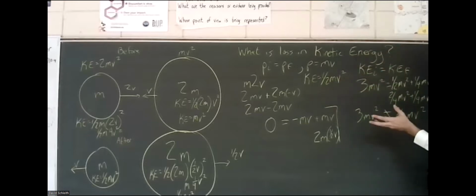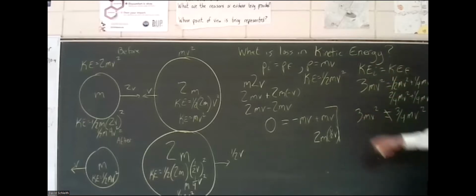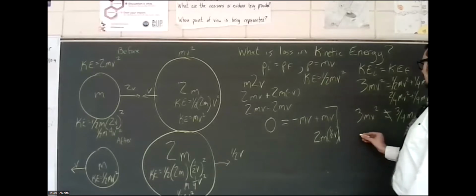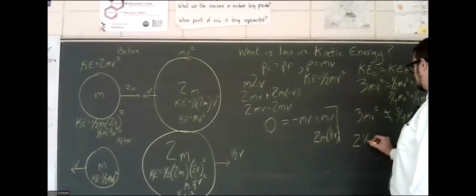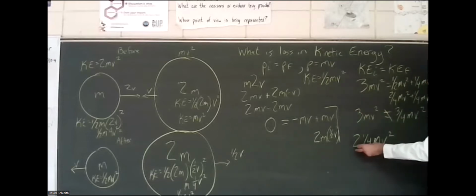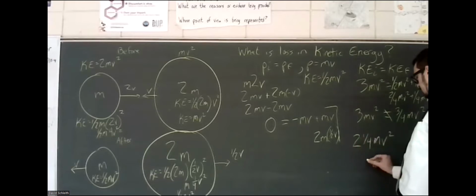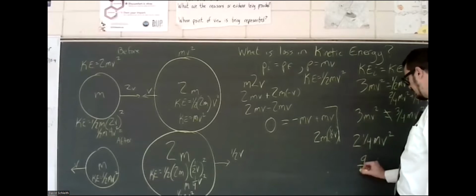We didn't expect that they would be. We need to take their difference to get the loss, right? So 3/4 is less than 3, but by how much? So 2 1/4 mv squared is the missing kinetic energy. Mixed number, 2 1/4. You may recall that you multiply the denominator by the whole number and then add the numerator to convert a mixed number to an improper fraction.